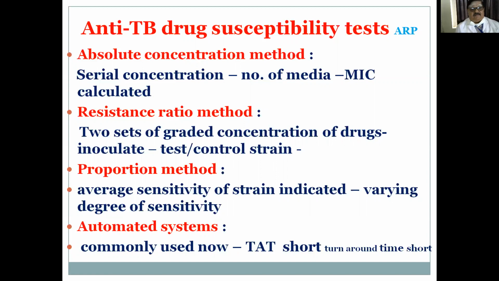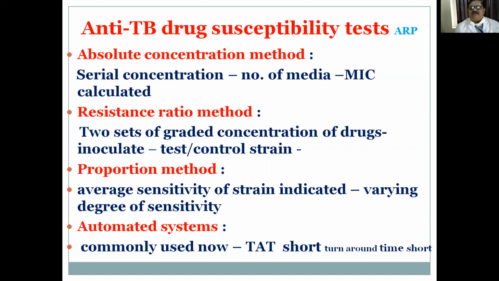And proportion method, average sensitivity of a strain is indicated, varying degrees of sensitivity of the strain that is used. So it is only for completion's sake I am telling you, it is only nice to know. Okay, it is not essential that you should know.